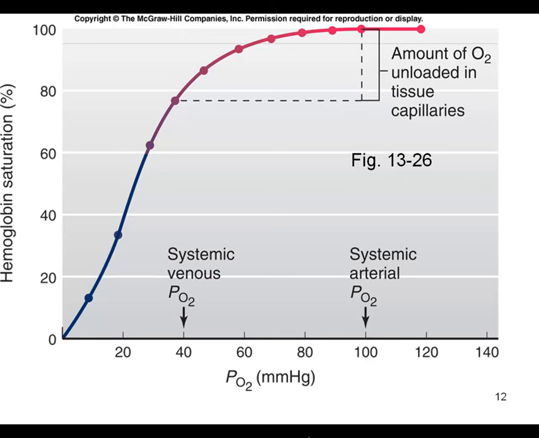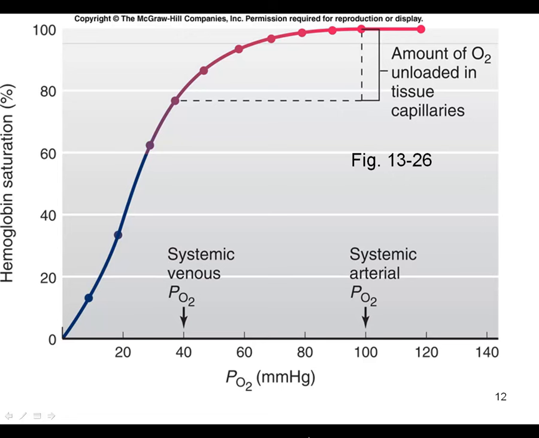Well, the reason why we know that is because of the shape of this curve. This curve is a sigmoid-shaped curve, and sigmoid-shaped curves imply cooperativity. This is how it works. My x-axis is PO2. And you see sort of a venous PO2 of 40, an arterial PO2 of 100. And then my y-axis is saturation.